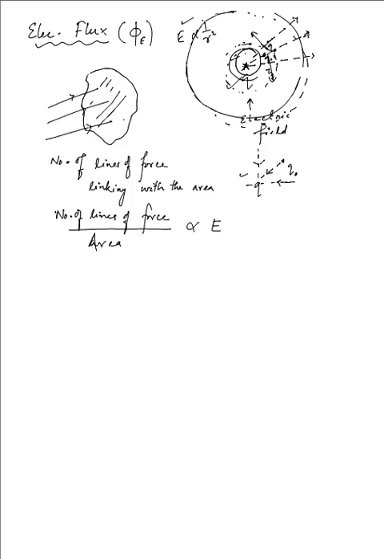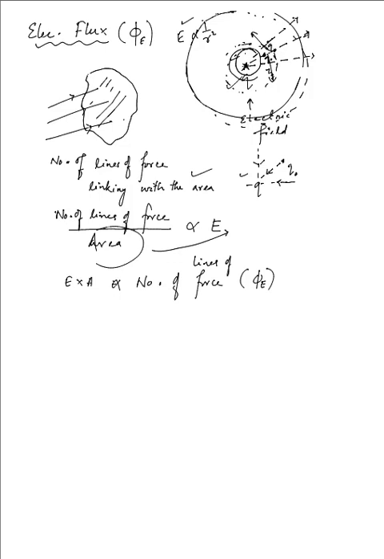So the number of lines of force associated with that area can be obtained by just cross multiplying, that is, the electric field multiplied with that area gives me information about the number of lines of force. And that is how we define the electric flux, isn't it? The number of lines of force associated with that area is what we are talking about.